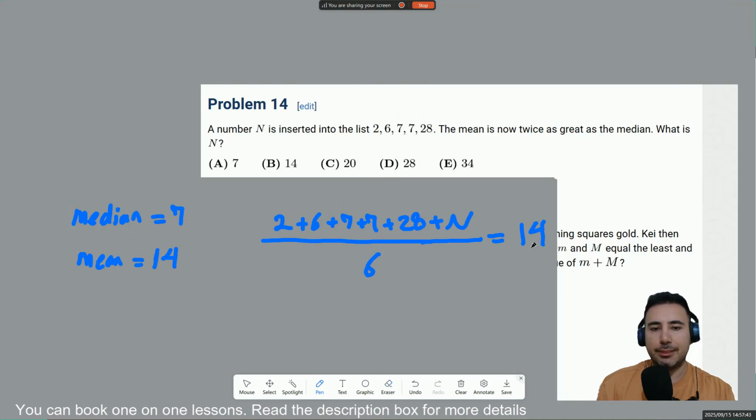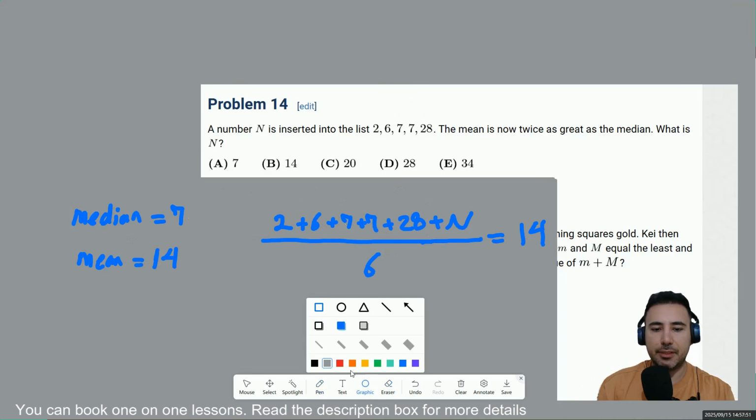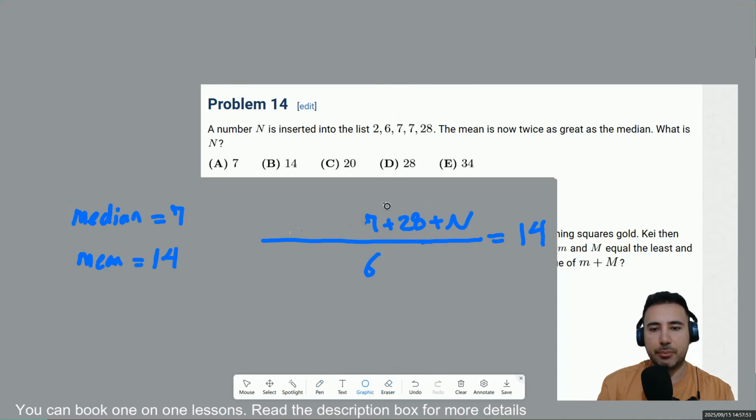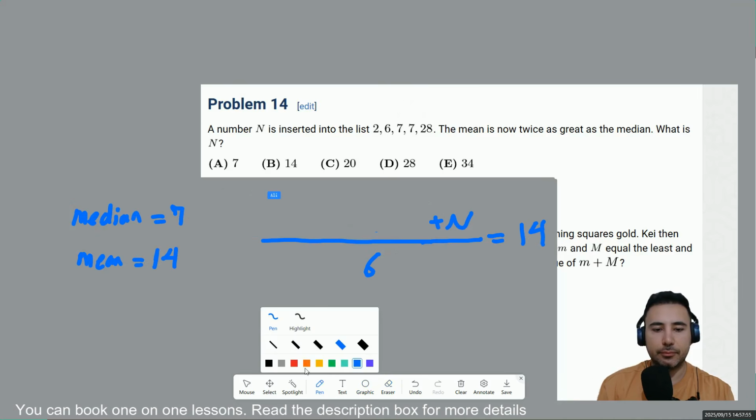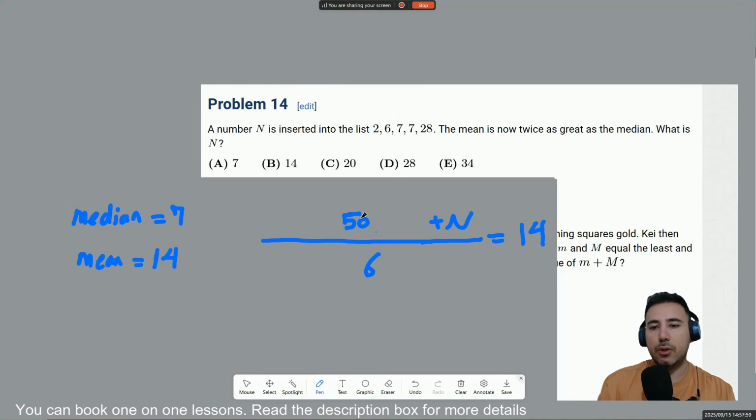Okay, let's add all of these numbers here. 2 plus 6 is 8, 15, plus 7, 22, plus 28, 50. So this is 50 plus n. So I'm going to write it like this. One thing we could do here is cross multiply. By cross multiplying, we multiply these numbers together: 50 plus n times 1.